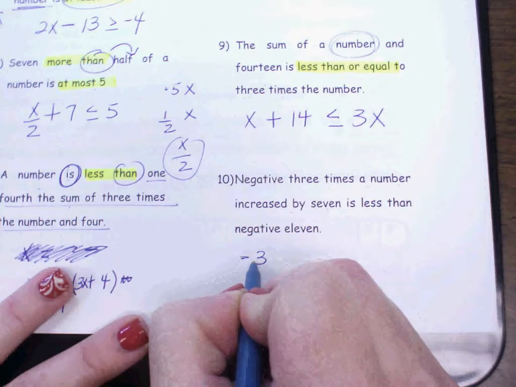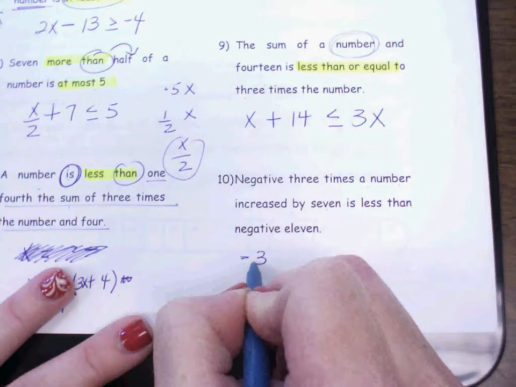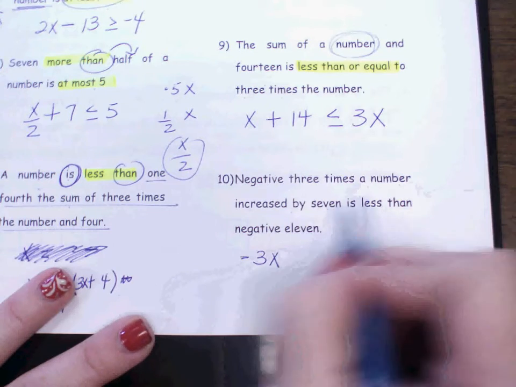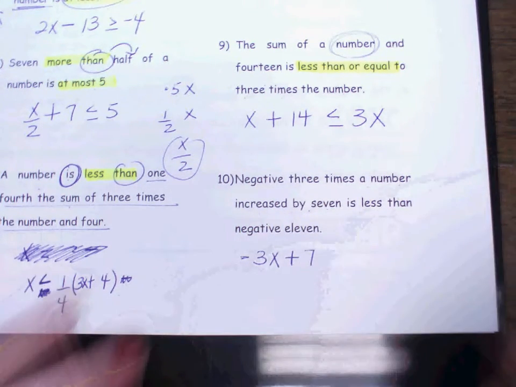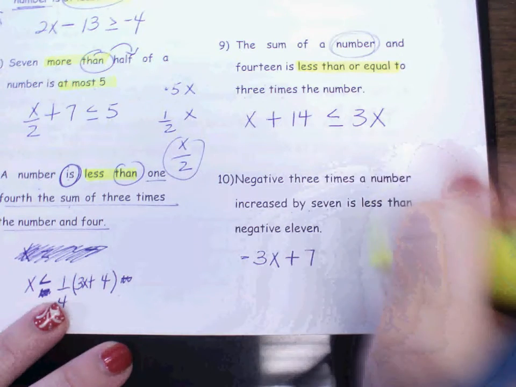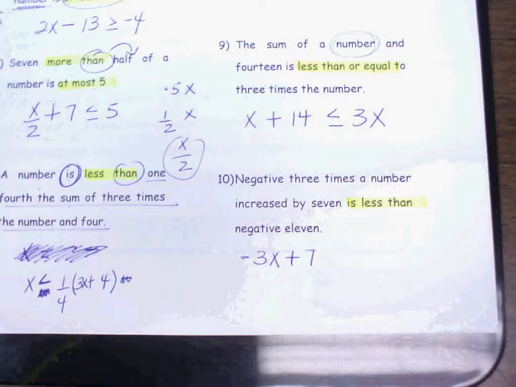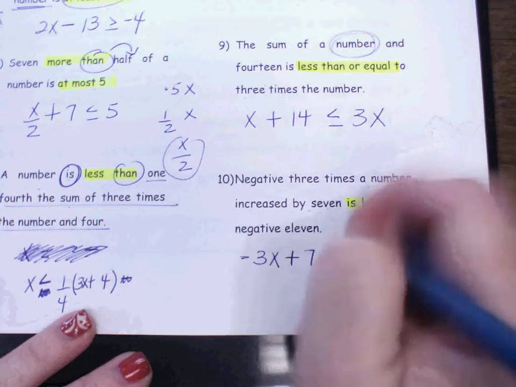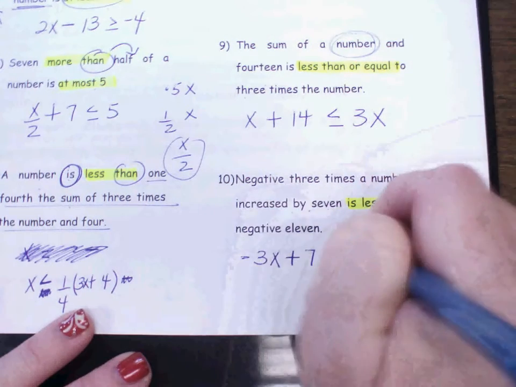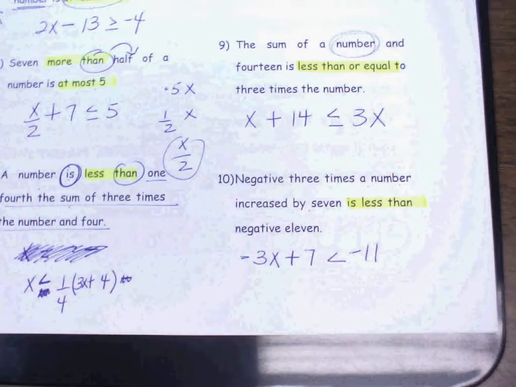Negative 3 times a number, increased by 7. Negative 3 times a number. What do I write now? x increased by 7, plus 7, is less than. Is that your sign or is that subtraction? That's your sign.